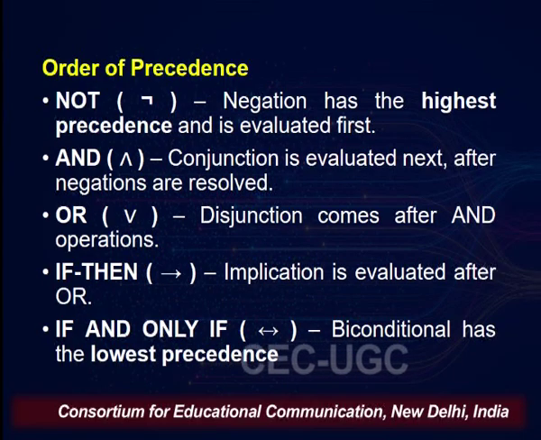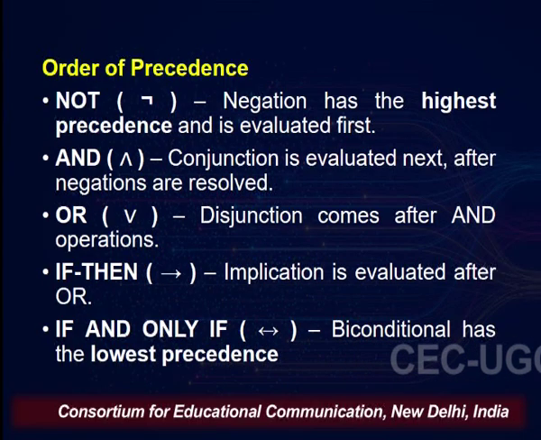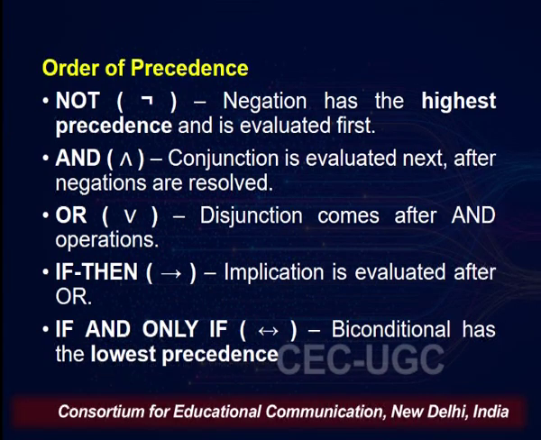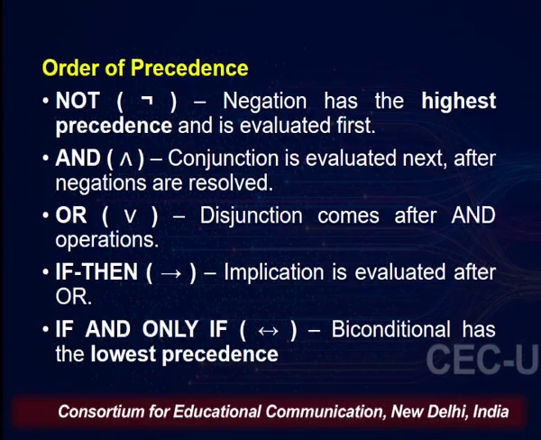It is followed by if then, which is implication, evaluated after OR, and finally we have if and only if, which is the biconditional or double implication, and that has the lowest precedence. So, from highest to lowest it is not, and, or, if then, and if and only if.